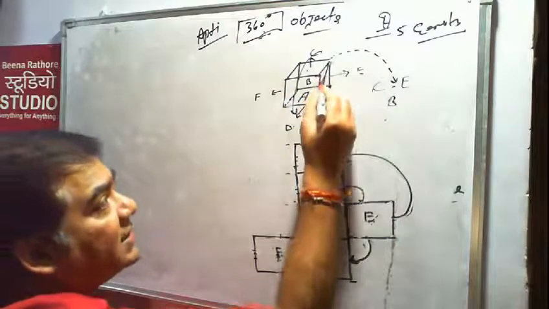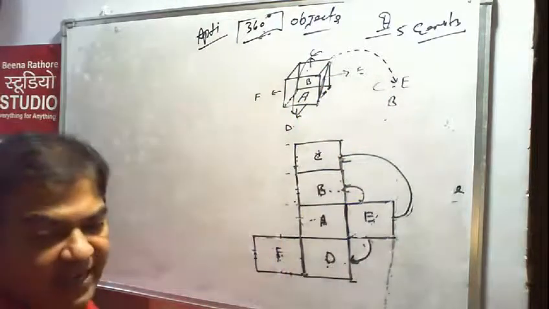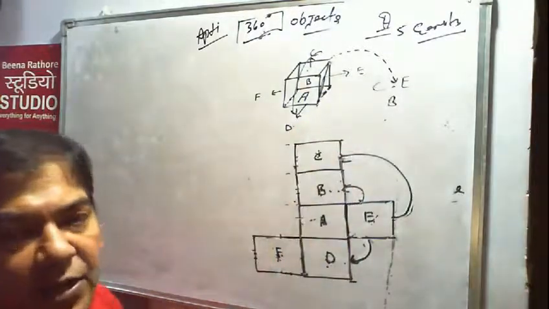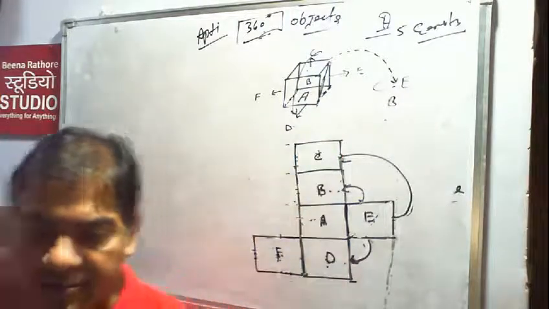And how about the other side of this diagonal? You please answer it through chat. How about this corner? It's been formed by which three surfaces, the so-called down vertex?